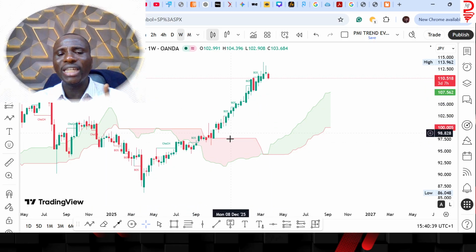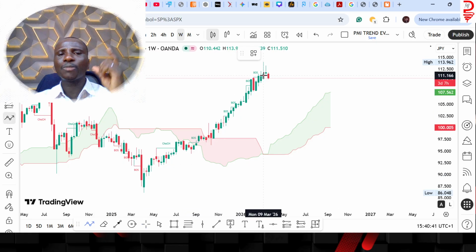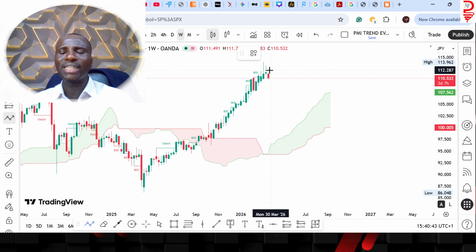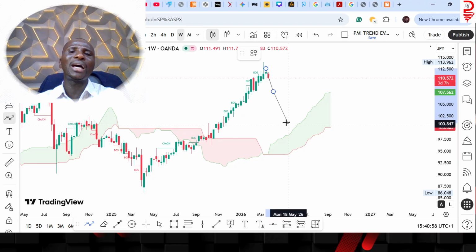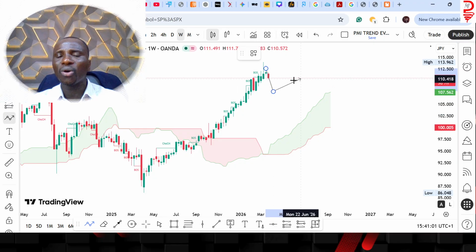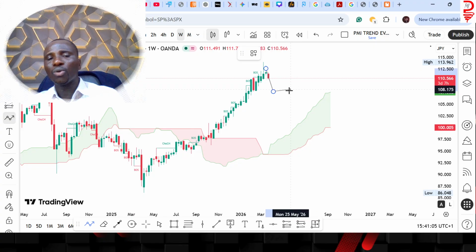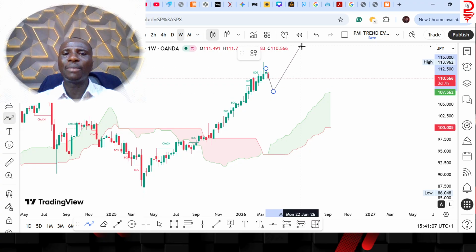So on AUD JPY, as much as we have evaluated that we have a risk off, AUD JPY is going to sell down to somewhere around there. Then if the war subsides, or something comes up and they reach a consensus and there is an end to the war, you can now see AUD JPY bounce back to somewhere around here.